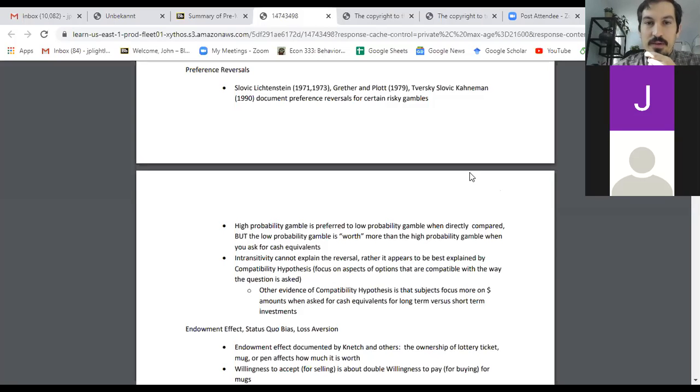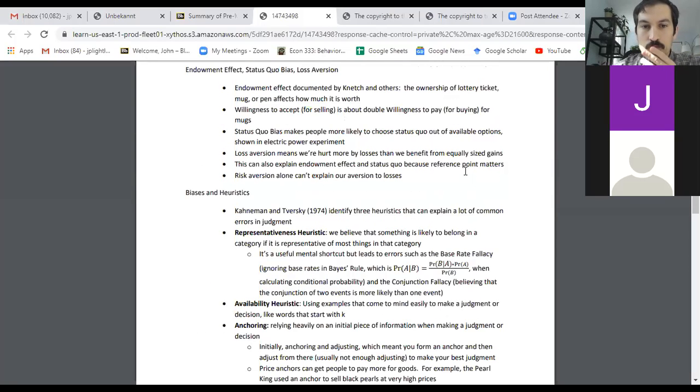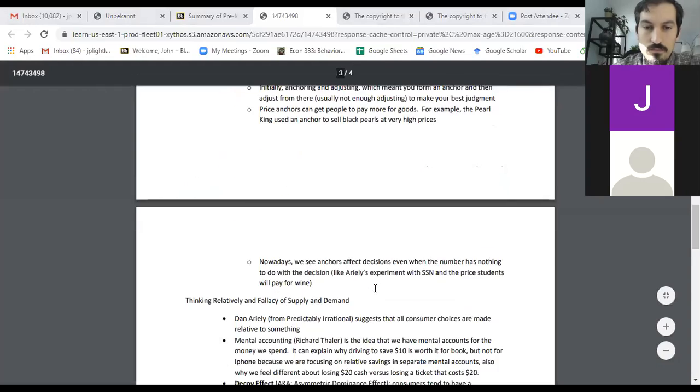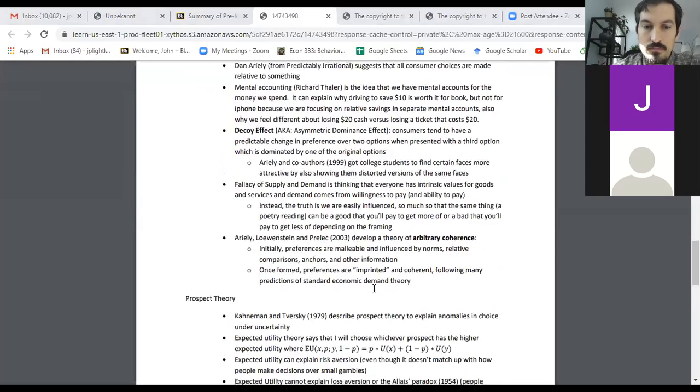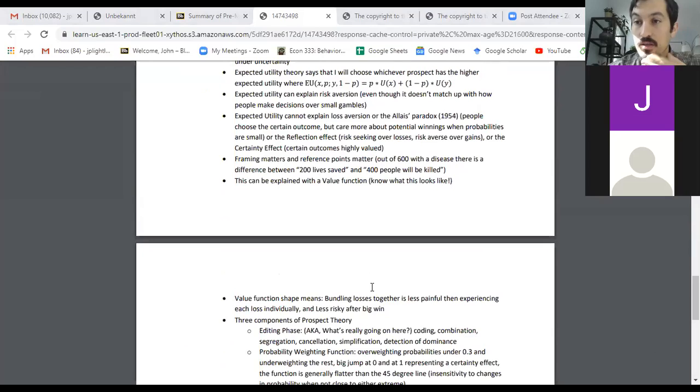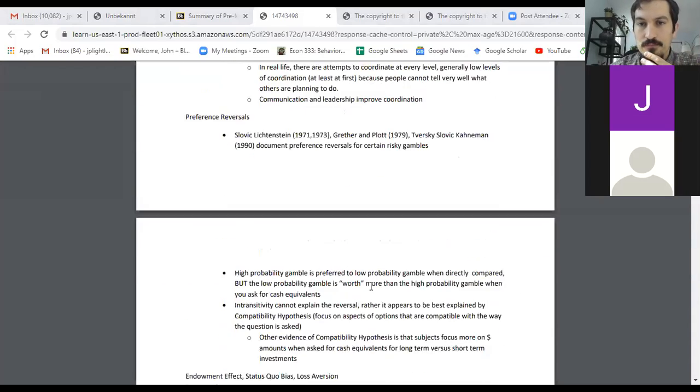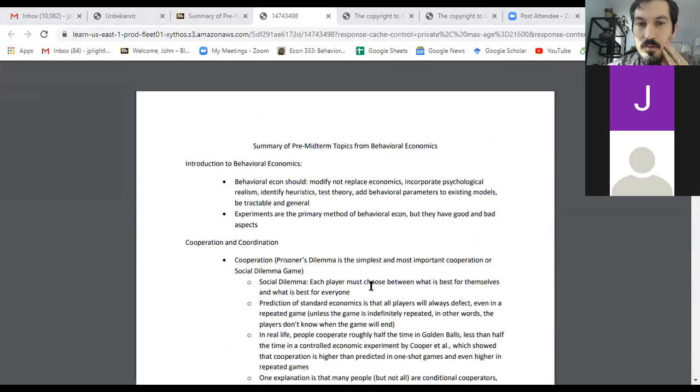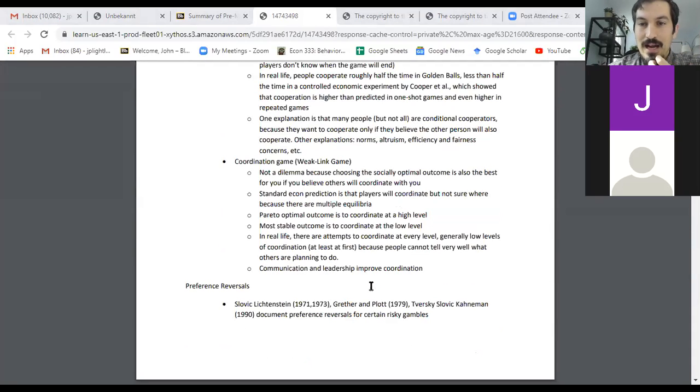What else can I help you guys with? I mean, you can look over this document on Blackboard, what's it called, the summary of pre-midterm topics, and look it over yourself. And if you find something like, wait, I don't even know what that is, or I'm reading about this, but I may have accidentally left something on this document that we didn't spend a lot of time talking about.